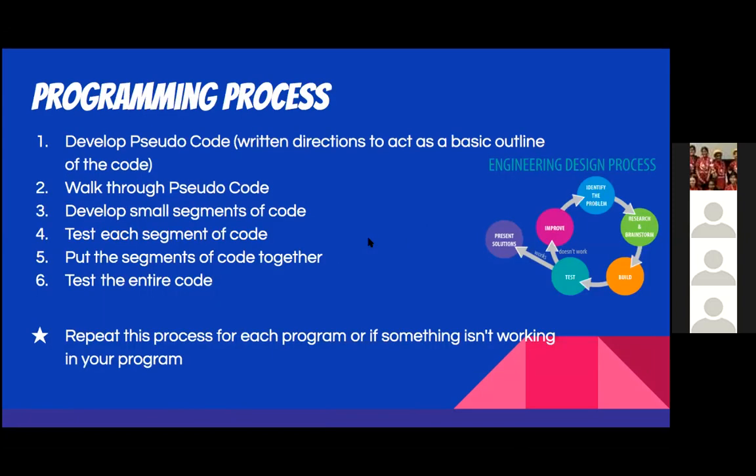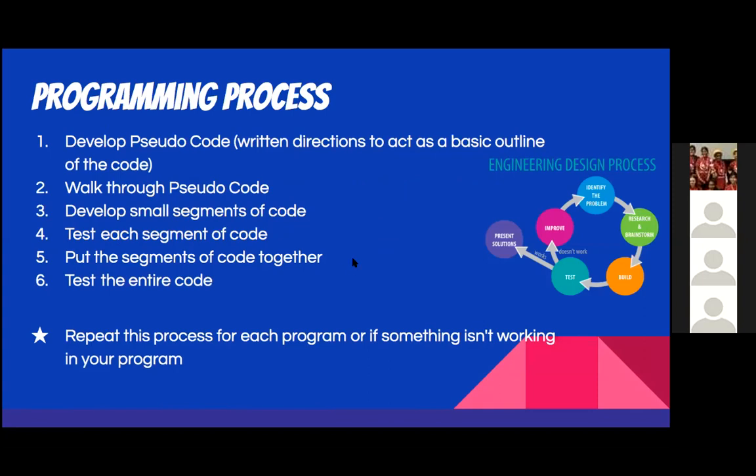Okay, so this is the programming process. So you can first develop pseudocode. Then you can walk through the pseudocode. You can develop small segments of code in the software. So first, the pseudocode is like what you want the robot to do in English, and then you put it into robot terms, which is the code. And then you test each of those pieces of code to make sure that it does what you want it to do.